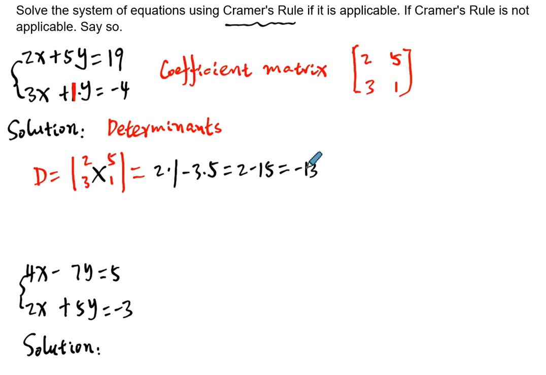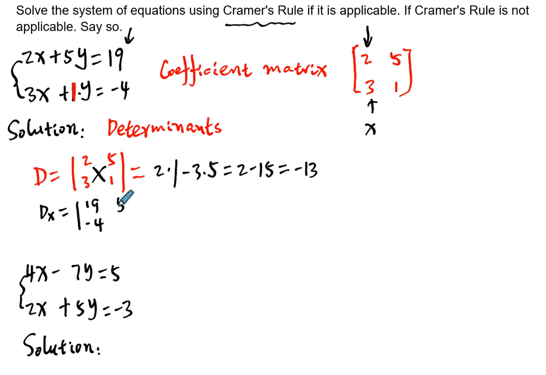Now, in order to find the solution for x, we need to replace the x column, 2, 3, by 19, negative 4. So then you may want to calculate dx. Replace the first column with 19, negative 4.